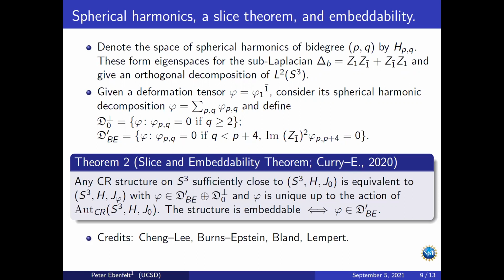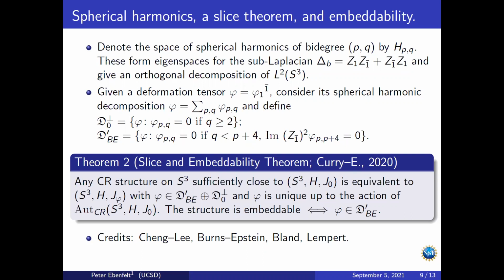Now, some credits here. The first slice theorem was proved by Cheng and Lee in the mid-80s. But they proved a different slice theorem. They had a different slice. What we needed, since we were trying to study the embeddability of the structures, is that in their slice you can't easily identify the embeddable structures from the non-embeddable.